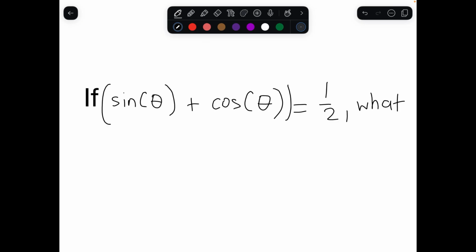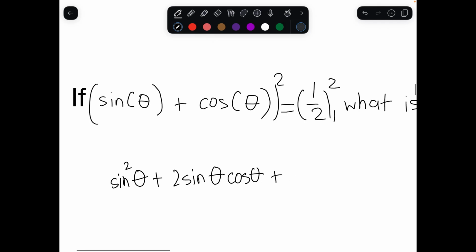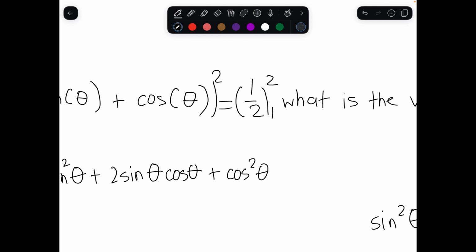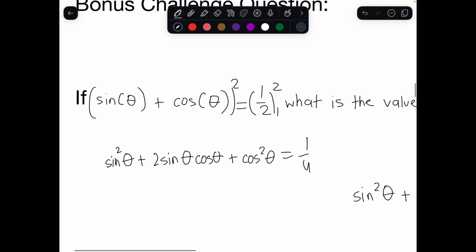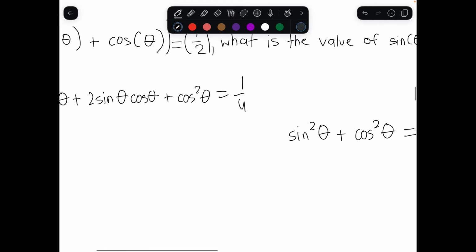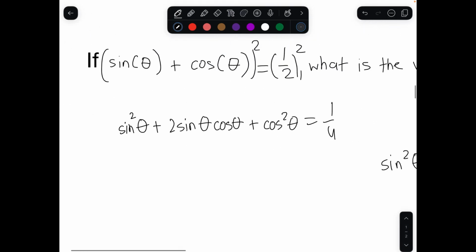If you were to square this, you would get sine squared theta plus 2 sine theta cos theta plus cos squared theta equals 1/4.